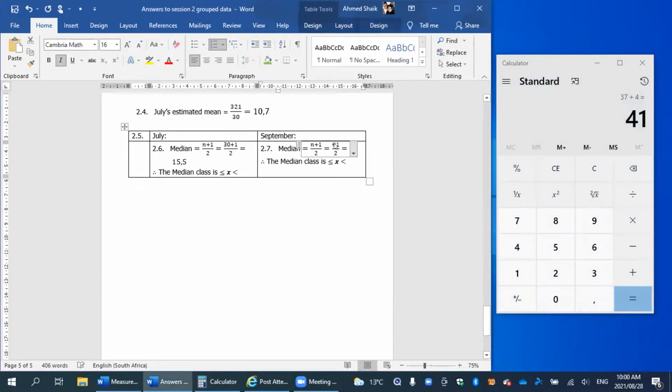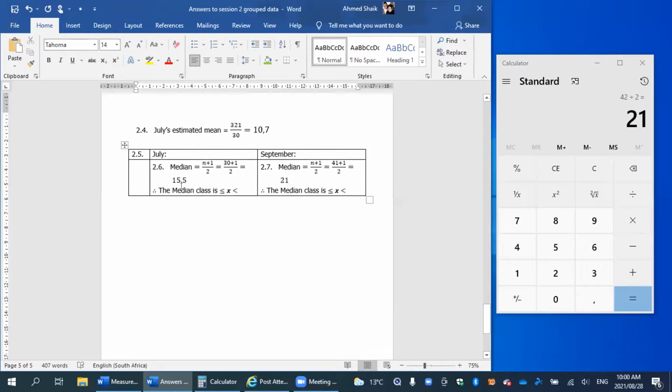So n is equal to 41. Let's calculate that quickly. 41 plus 1 divided by 2, and that's 21. Now, let's go and see where 15.5 lies.